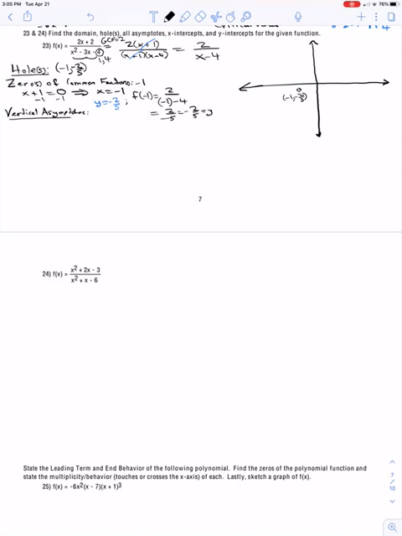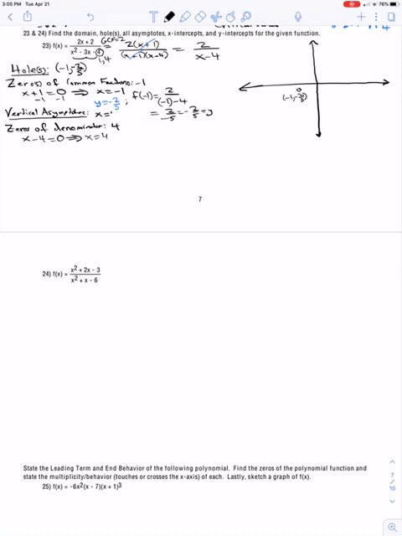We'll stick with undefined values. Holes are undefined values. Vertical asymptotes produce undefined values. And they come from the zeros of your denominator factors. So as we look at our denominator, after we reduced it, we have a factor of x minus 4. So that implies x equals 4. So the zero of our denominator is 4.